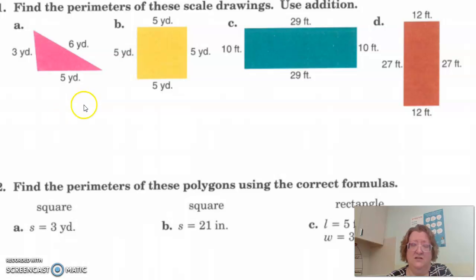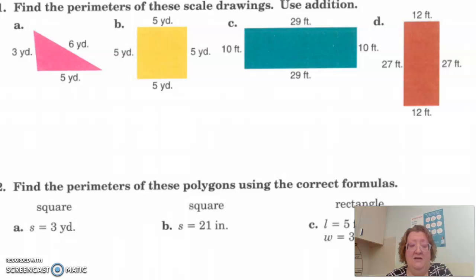Now, as we go on to looking at section 2, this time you're going to use the correct formula. So, class, tell me, what is the formula for a square? Correct. Perimeter equals 4 times S. So let's do number 1 together. Write out what needs to be there and what the answer would be.